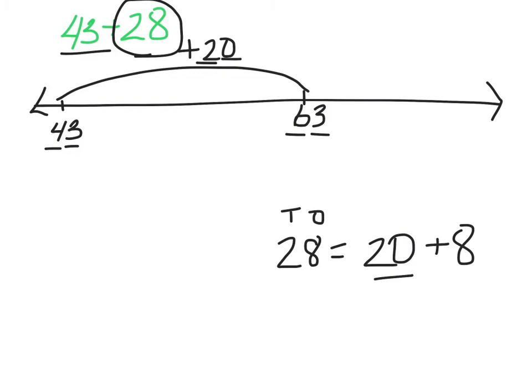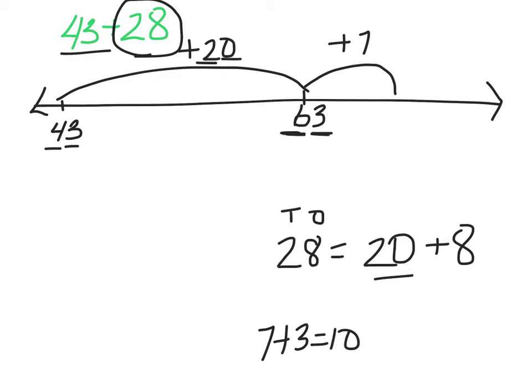Well, I know my tens facts. I know that 7 plus 3 equals 10. So 63 has 3 ones. If I add on 7 ones, that's going to bring me to the next 10.